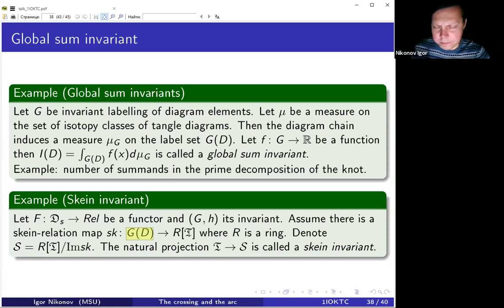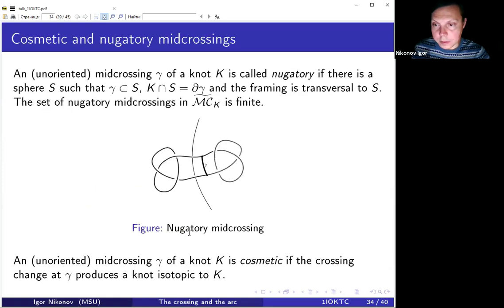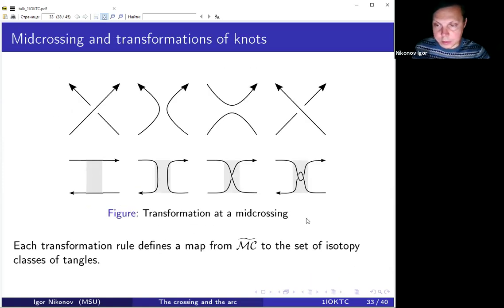So, for example, consider a mid-crossing, then we can make some transformation of a diagram of a knot near this mid-crossing and produce some skein relation. For example, the Kauffman skein relation, or the skein relation from the Alexander polynomial, or the HOMFLY skein relation.